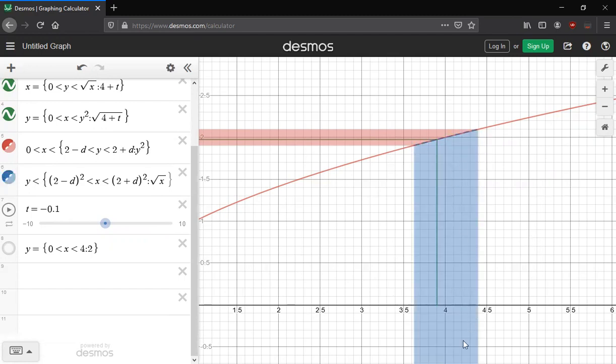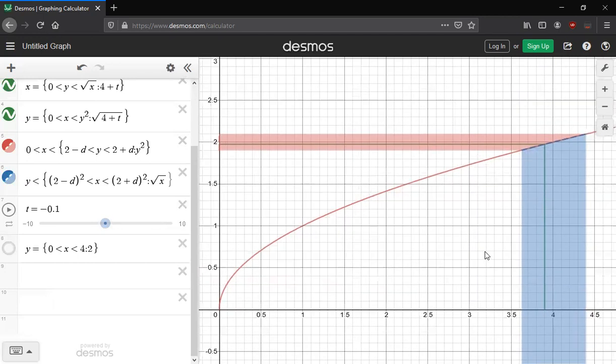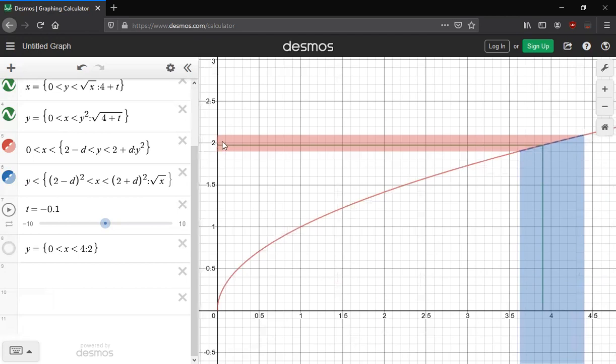The blue highlight is now telling me exactly how close to the coordinate 4 my x variable needs to be in order to make the y variable as close to the coordinate 2 as I want it to be. So the y coordinate is my target. The x coordinate is what I actually get to manipulate, though.